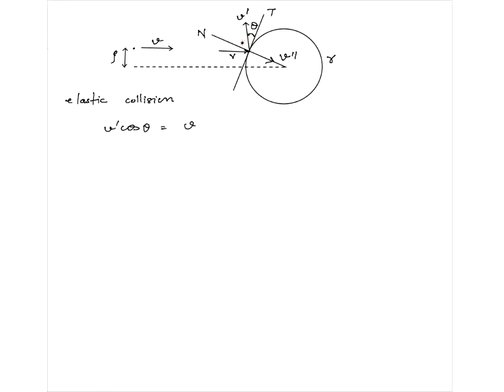This is 90 minus theta. After that, how do we know this angle is theta or something in terms of theta? V dash is not making 90 degrees with V. We are not saying that. So this is 90 minus theta, but this we can't write in terms of theta. Let me use another angle, maybe phi.